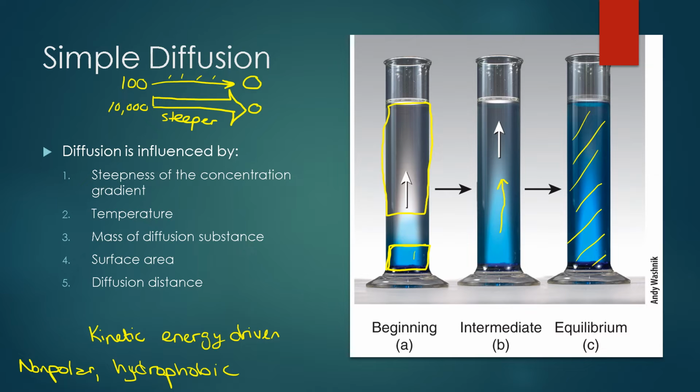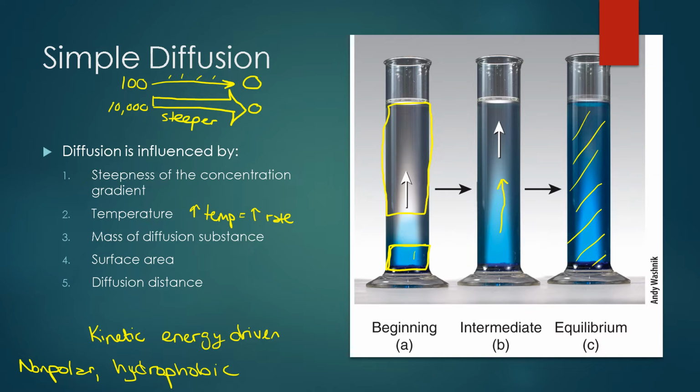Temperature is also going to be a factor that influences diffusion. If we have a higher temperature, it's going to increase the rate of diffusion, so it's going to occur faster if it's warmer. And a couple of other things that would influence in a lesser way would be mass, surface area, and diffusion distance.